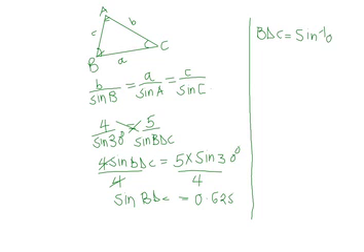So angle BDC will be given by the sine inverse of 0.625, which will be equal to 38.68 degrees.